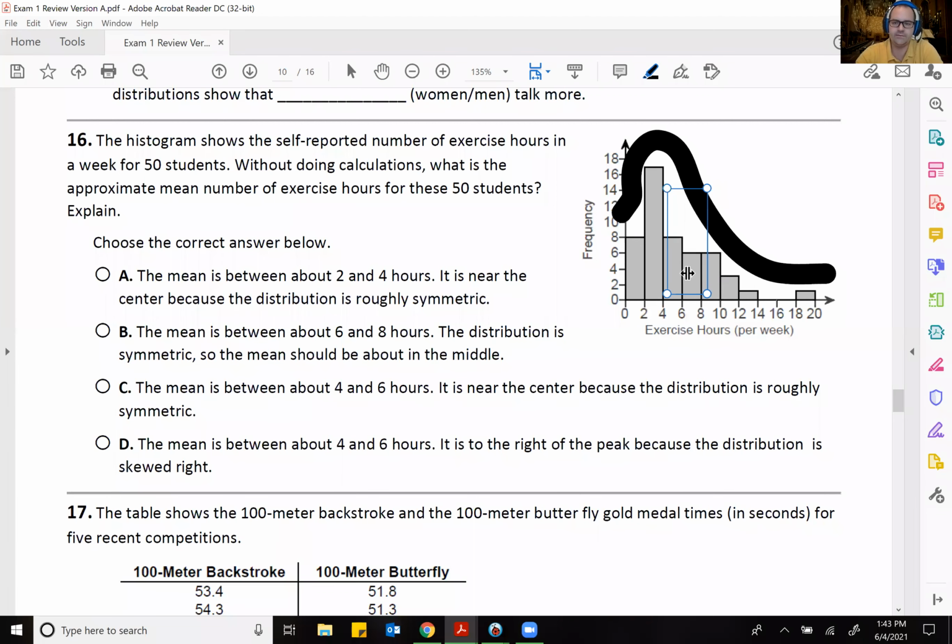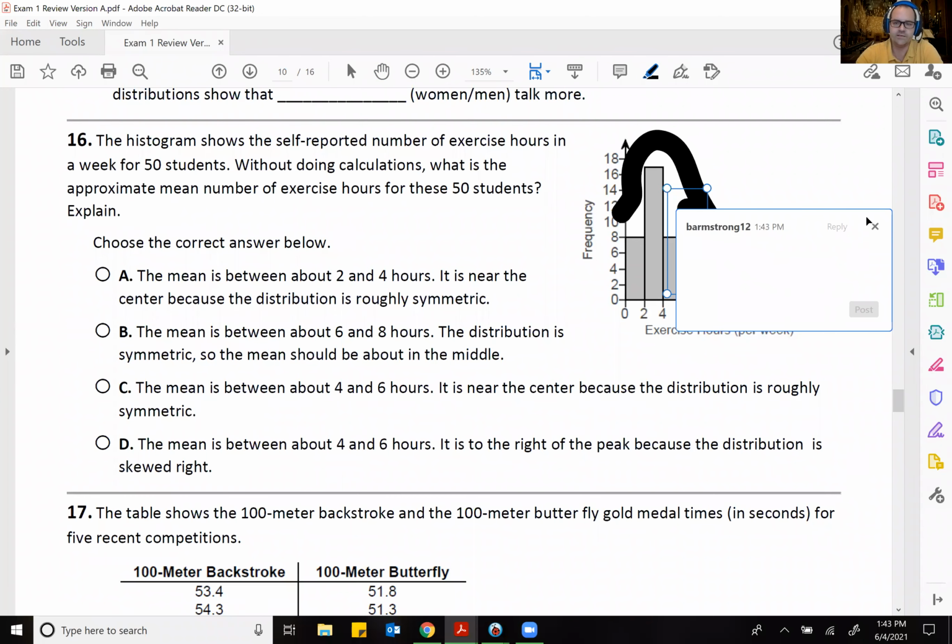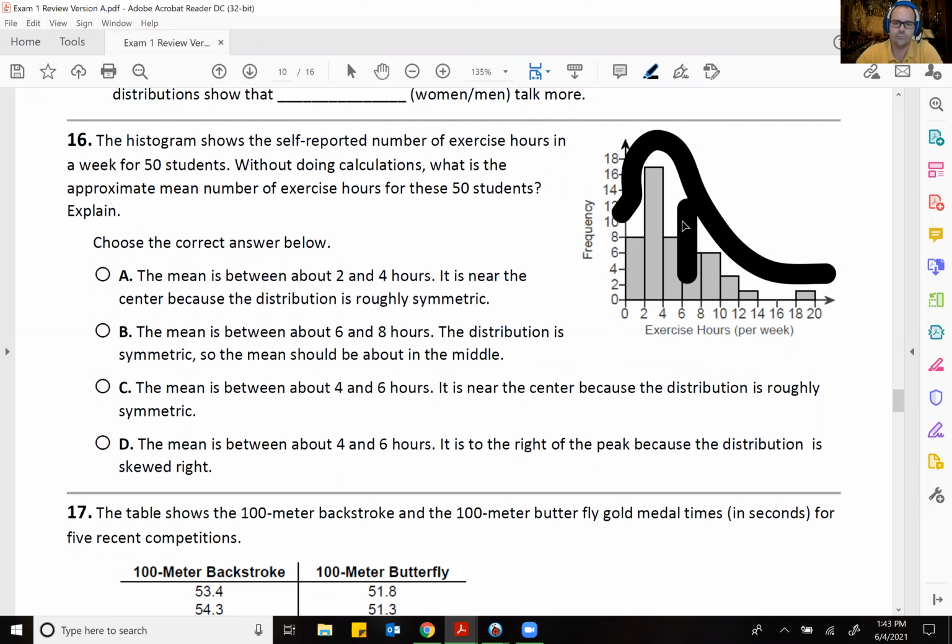So my mean is somewhere around here, which is between 4 to 6. Because of this outlier here, it's pulling my mean a little bit higher. So the mean is not going to be around that 2 to 4. It's going to be up around that 4 to 6.